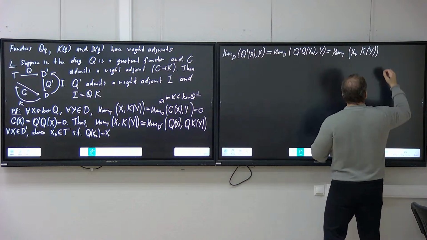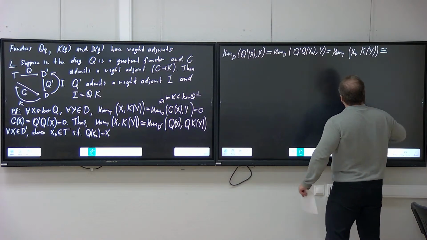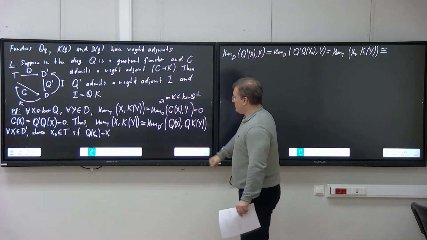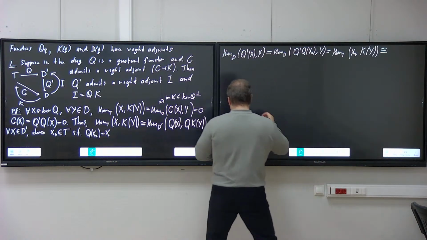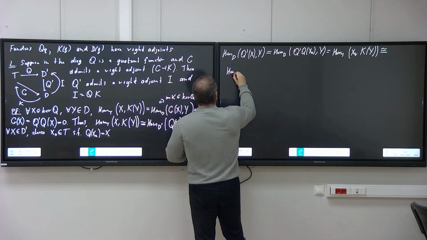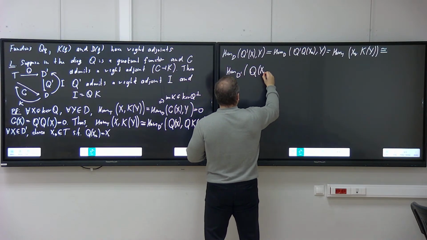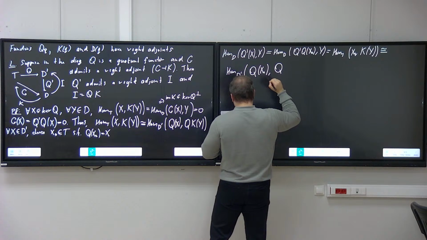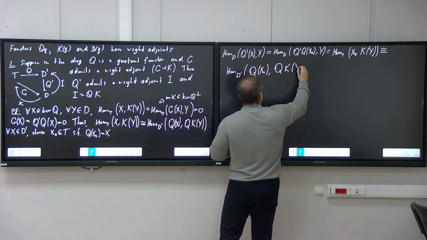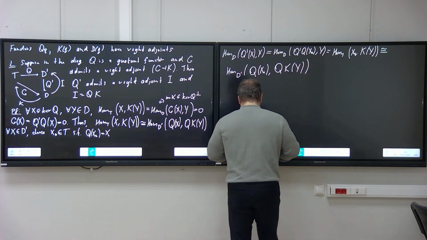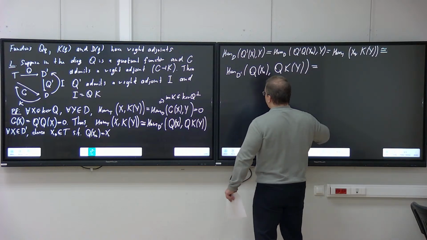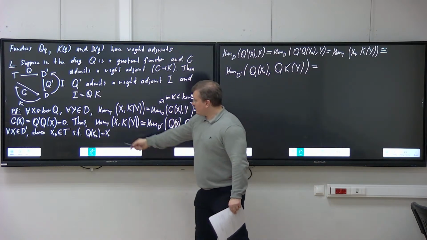And now I use this observation. So this will be the home in the category D prime, q of x0, q of the k of y. And finally, I again plug in the formula for x.